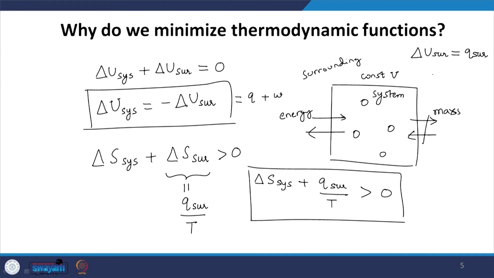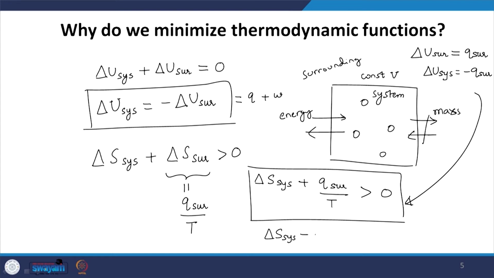Therefore, delta U of system is minus Q of surrounding, or Q of surrounding is minus delta U of system.